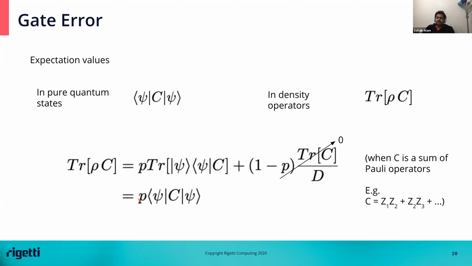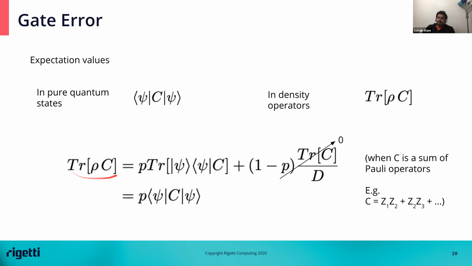Sometimes now you have this pesky little p sitting up front, right? So if we don't know what this p is, but we do have access to the left-hand side. Remember, experimentally, this is what we're measuring, right?